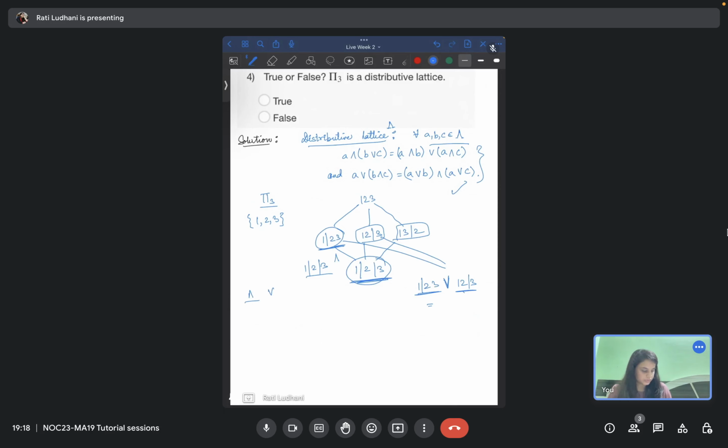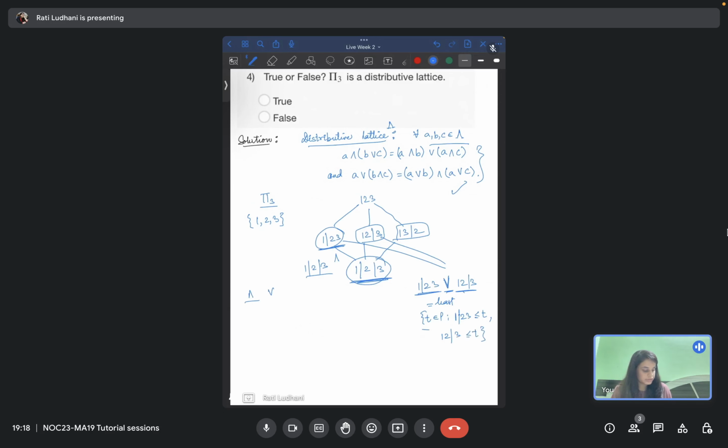From the definition, it is the least element of the set of all t belonging to P such that 1 bar 2 3 is less than or equal to t, and 1 2 bar 3 is less than or equal to t.